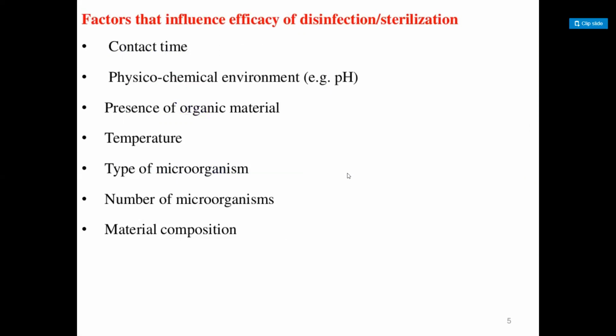That means if some living organisms like the human body or a particular cell is present, the efficiency of sterilization changes. Then temperature is also very much responsible, because by increasing temperature you can kill some microorganisms. Type of microorganism, that means which type of microorganism you are treating. Suppose some organisms are very much tolerant to high temperature, some can be killed easily at lower temperature.